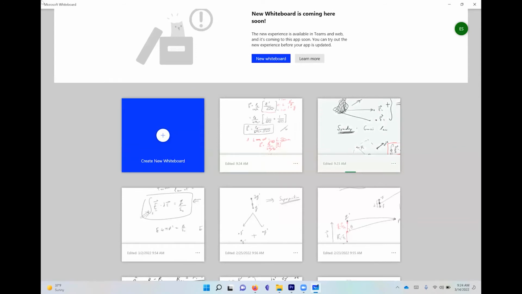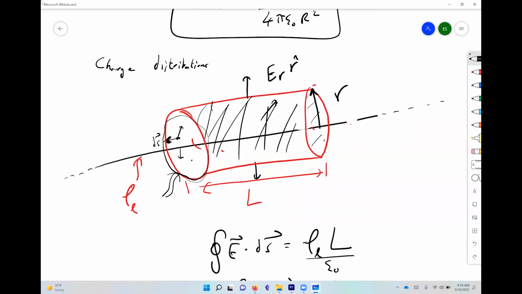By the way, what's the point of making the line infinite? The point is to make the problem symmetrical. Because if the line was not infinite, the fields around the center would be radial, but the fields around the edges will look something like this.